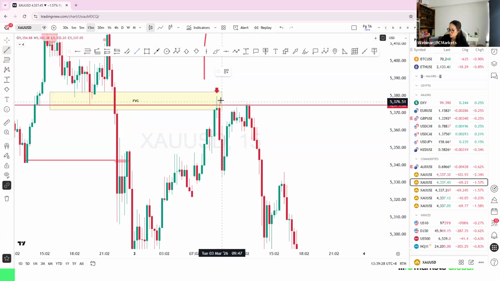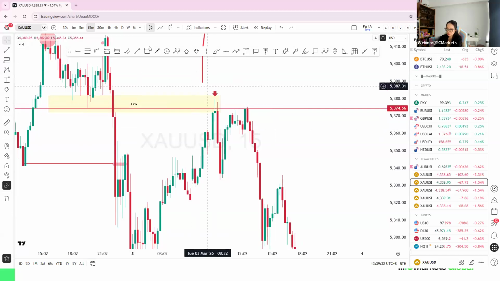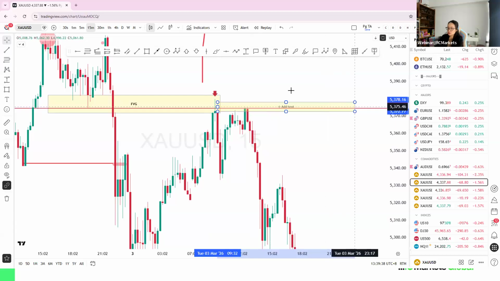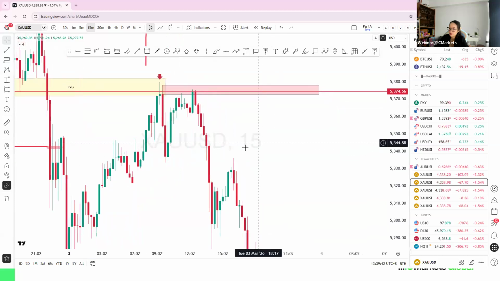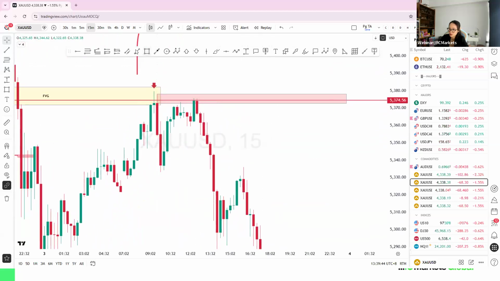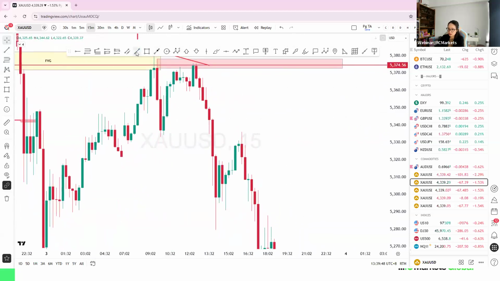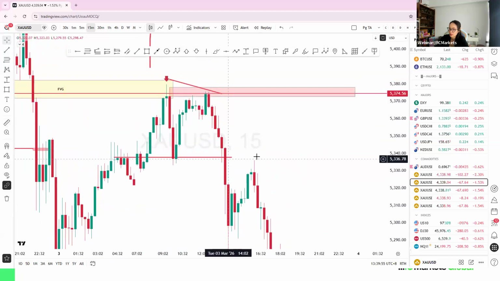You can say, okay, this is your supply zone, from this swing body and this swing. The supply zone is here. And price goes back, right? One of the things you can see is that they make a lower high here, then they break out of this support level, meaning a breakout.